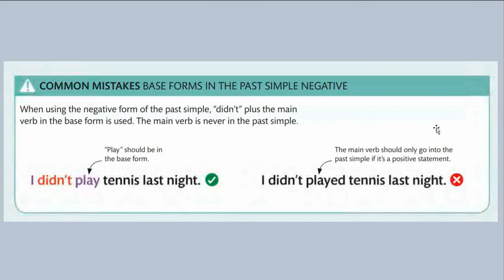There ed is allowed, but when you're writing in the negative connotation, that ed will not be there anymore. Or another way to remember is whenever you use the word did in any sentence, it will take the base form of the verb. So, did not or didn't play tennis is the right connotation.